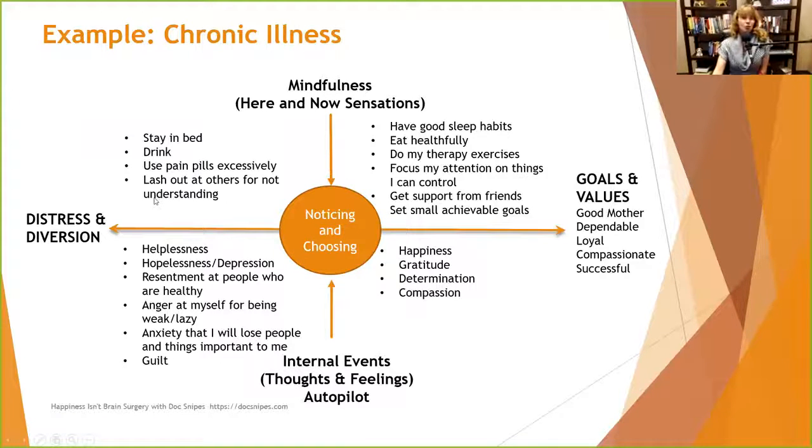So we start sorting them. Some of my thoughts and urges are to stay in bed, maybe to drink, maybe to use pain pills excessively, maybe to lash out at others for not understanding how bad this really feels. Okay, do any of those get me closer? No, but these are things I'm feeling right now.